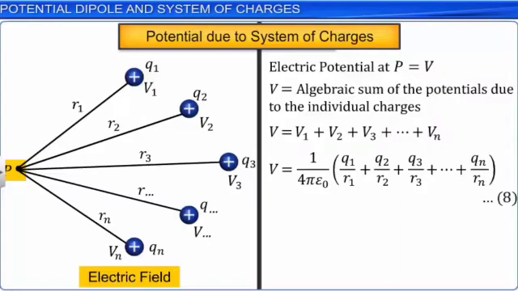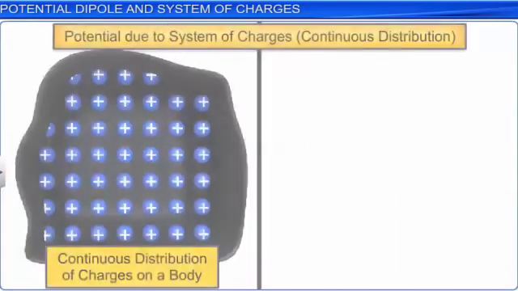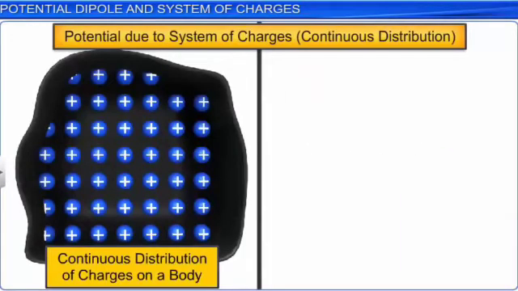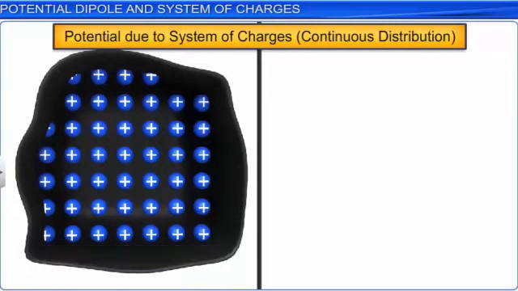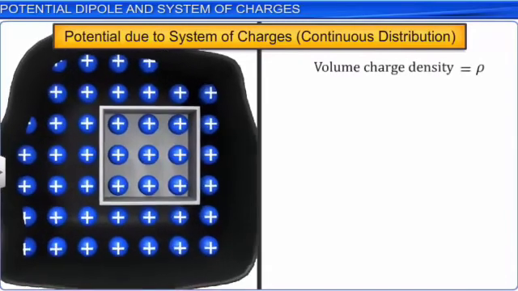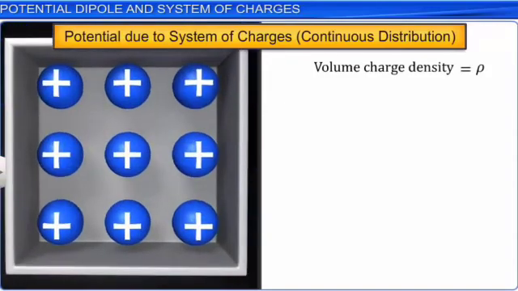To obtain the potential due to a continuous charge distribution, we first divide it into a number of small volume elements of charge density ρ, such that the small volume elements have a volume dV each and a charge ρ dV each.